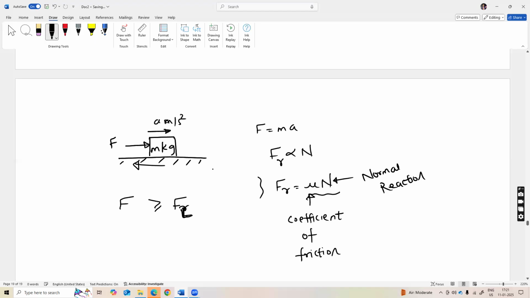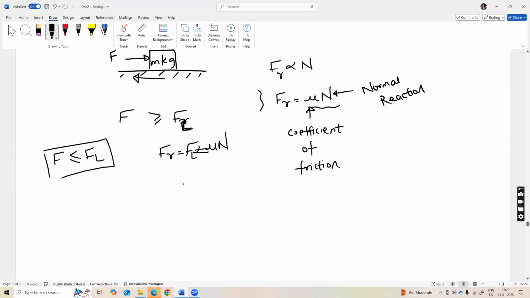If the applied force F is greater than or equal to the limiting force Fl, then the frictional force in that case will be equal to the limiting friction Fl, which is equal to mu N. And if the applied force F is less than or equal to the limiting friction Fl, then the frictional force Fr will be equal to F. That we have seen last time.